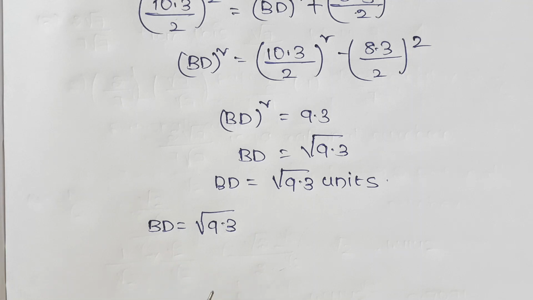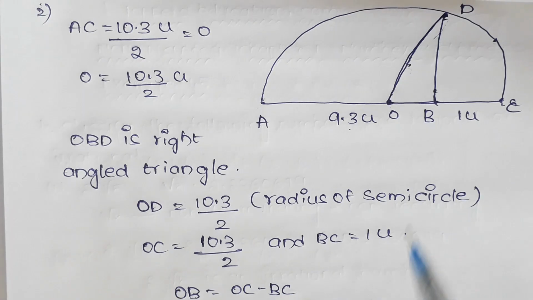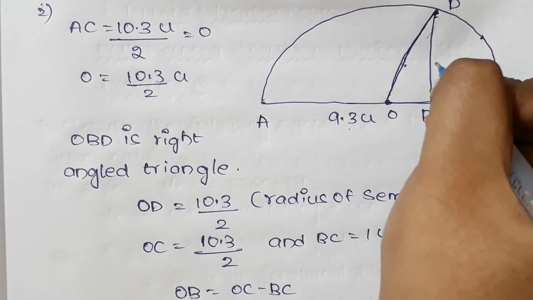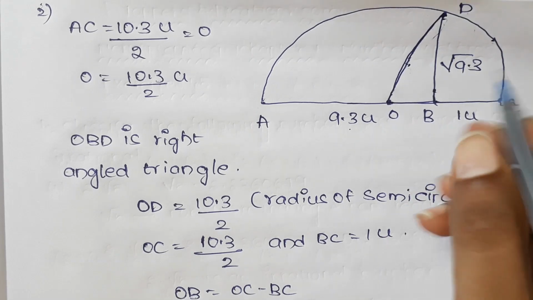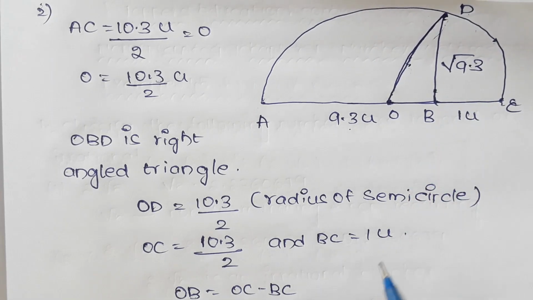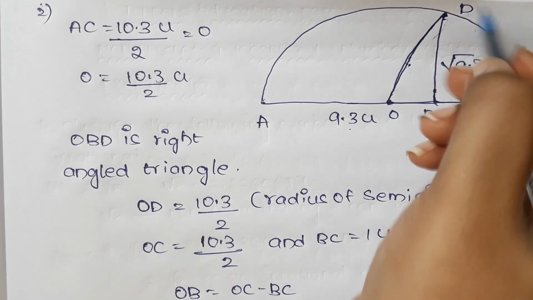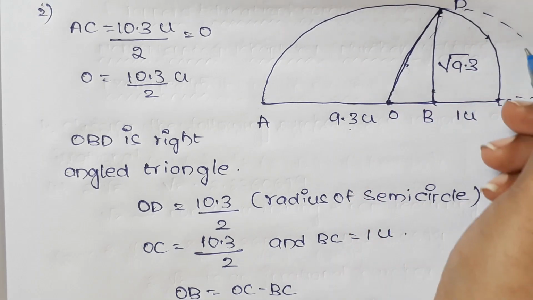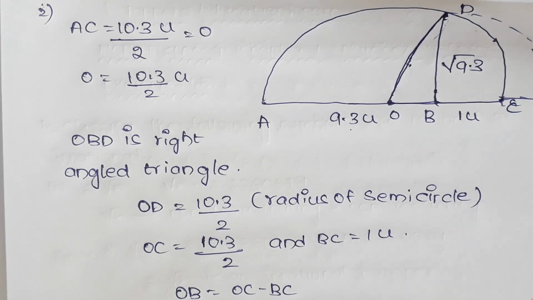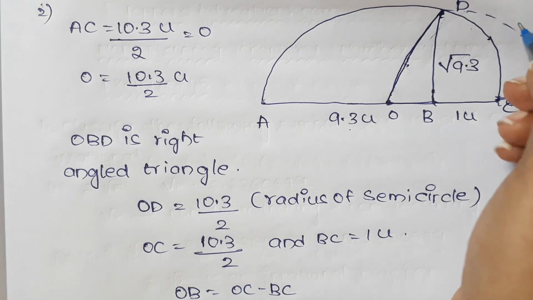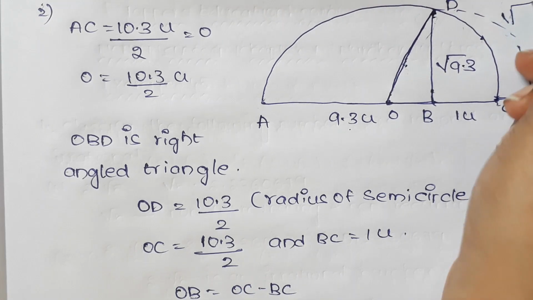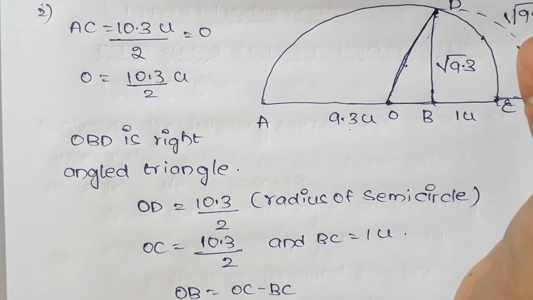By taking BD as radius and B as center, from the figure, let us draw an arc by touching the line segment, and this arc represents root 9.3.